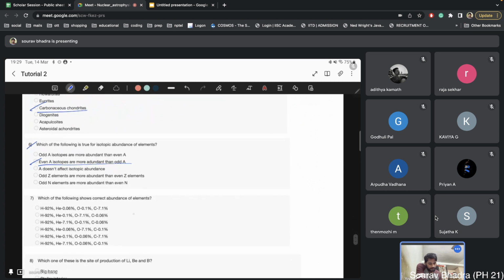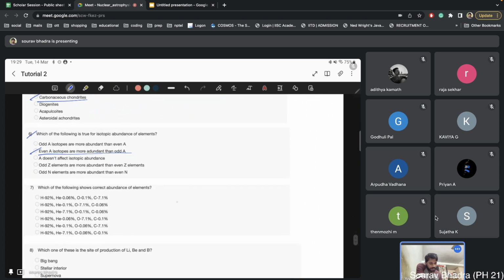Now, which follows the correct abundance? The maximum is hydrogen, then it is helium. So first find where hydrogen and helium are. Hydrogen is 92 for everything. Helium is 7.1 here, 7.1 here. So okay, these options are not right.